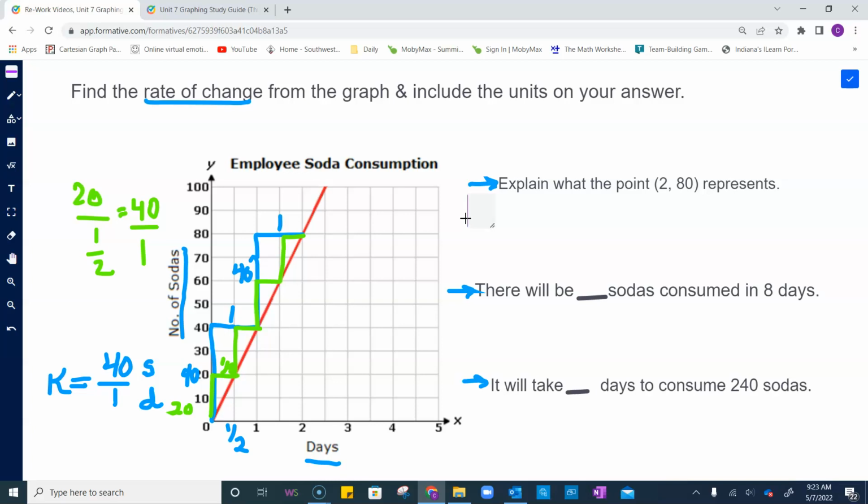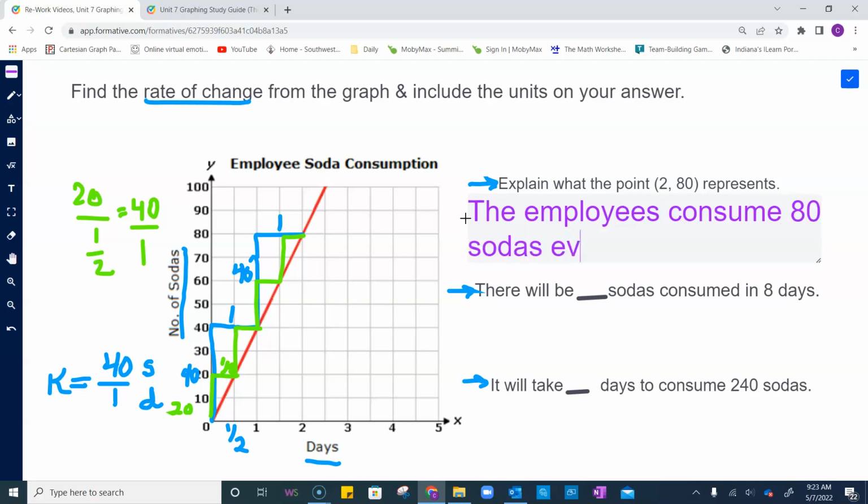If you're giving me a full explanation on this, you're going to tell me that the employees consume or drink 80 sodas every 2 days, according to the graph. So in a complete sentence, you should be able to describe how much they drink: 80 every 2 days.